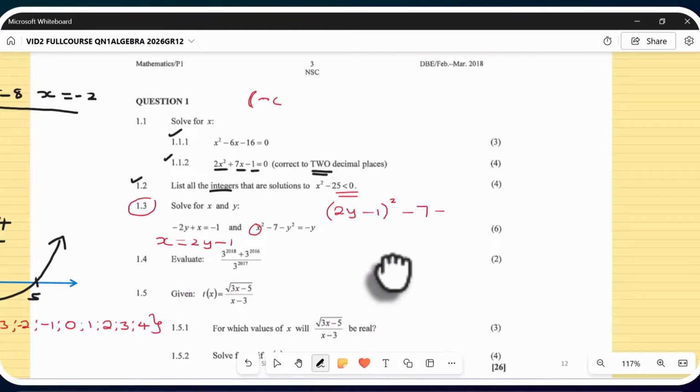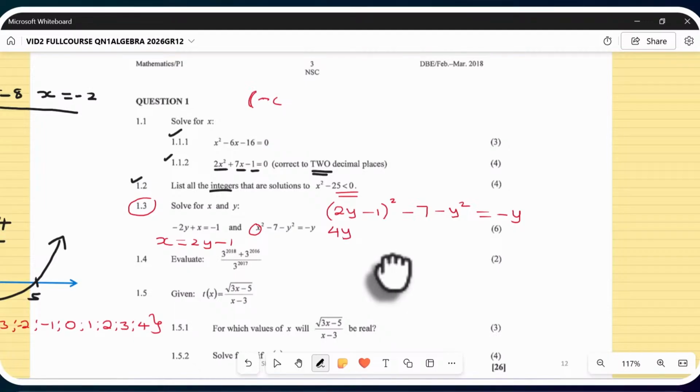Then minus 7 minus y squared, and minus y becomes a plus y now. So now plus y equals 0. So we confirm the quadratic equation here. Now the 4y squared minus y squared gives us 3y squared.